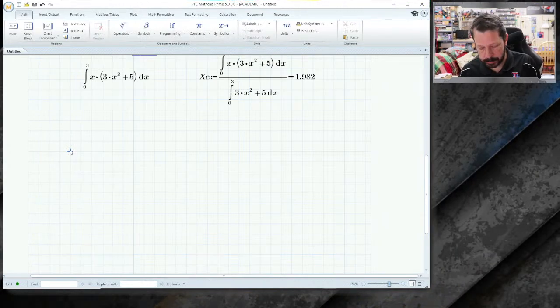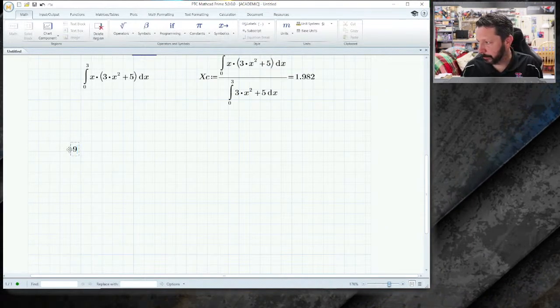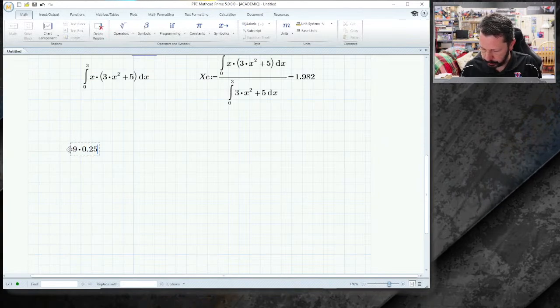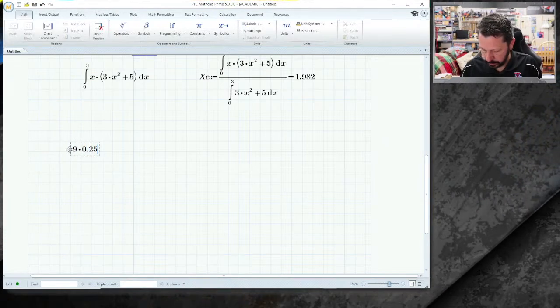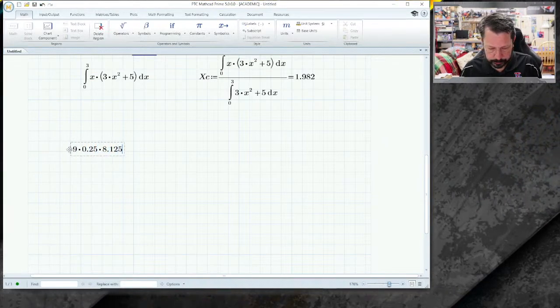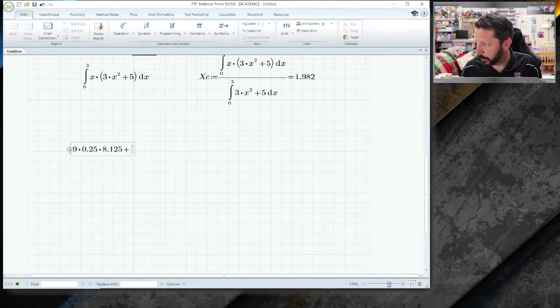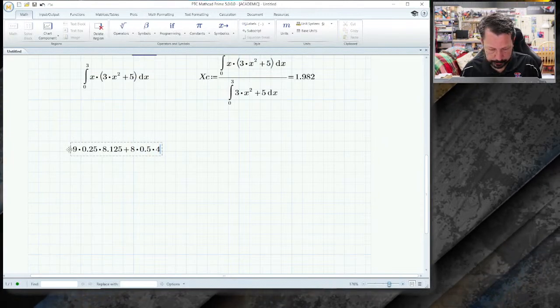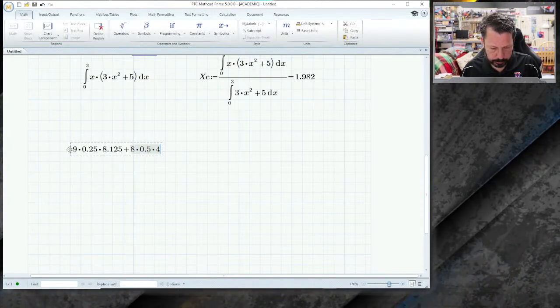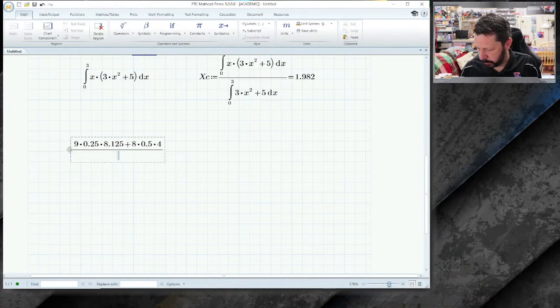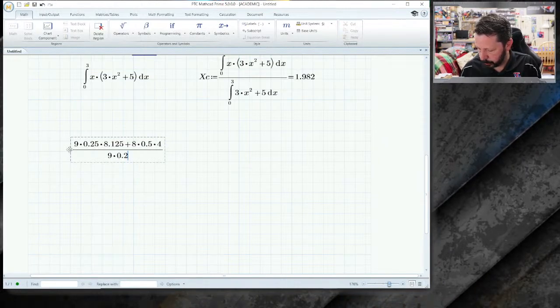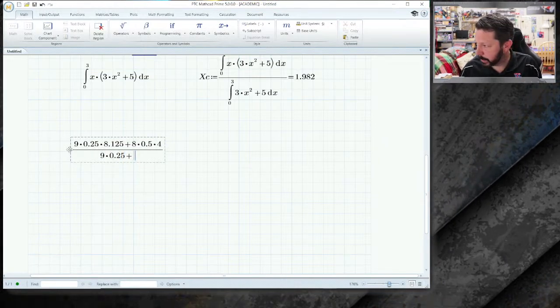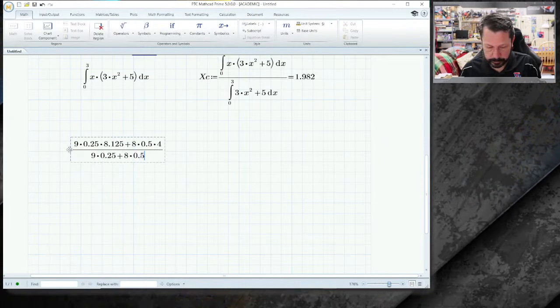I'm going to leave the units off just to make it faster to put in MathCAD. 9 times 0.25 times 8.125 plus 8 times 0.5 times 4, divided by 9 times 0.25 plus 8 times 0.5.